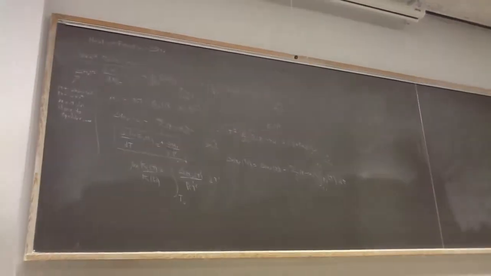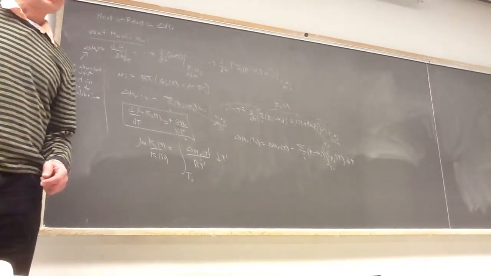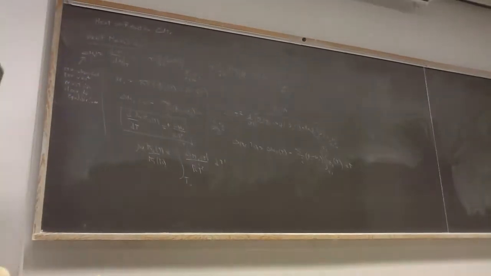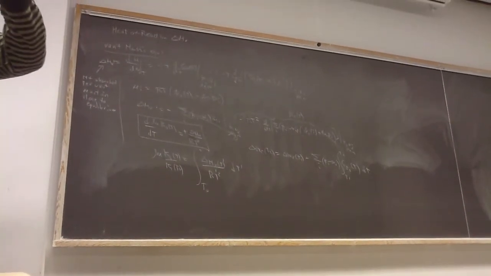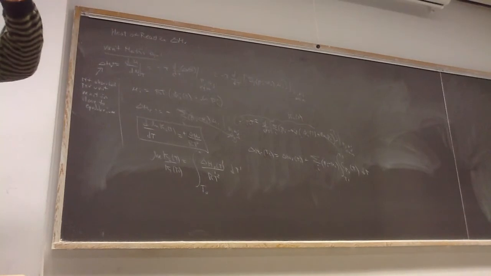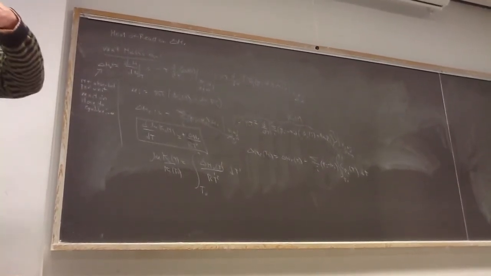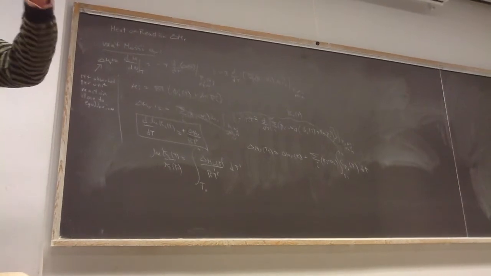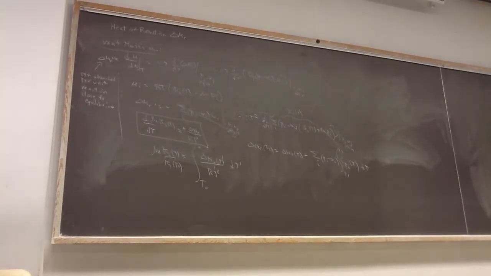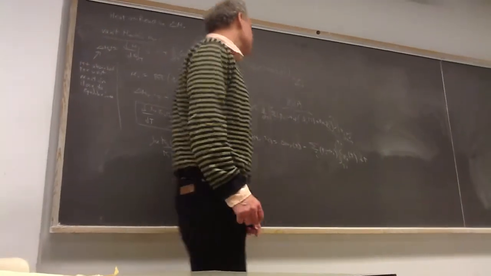How does the heat of reaction change when I go from one temperature to another? It changes by virtue of the fact that the specific heat of each of the species is different from one temperature to another. So when I have a certain amount of heat released by the reaction, some of that heat can get absorbed or emitted by the species. It can get eaten up by the species. So it's related this way.